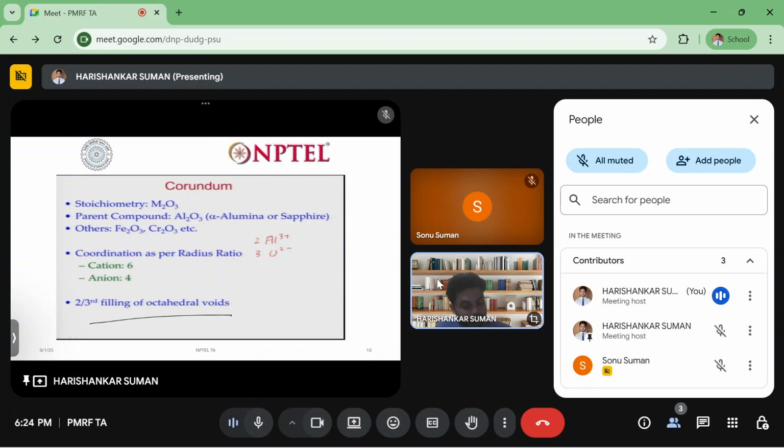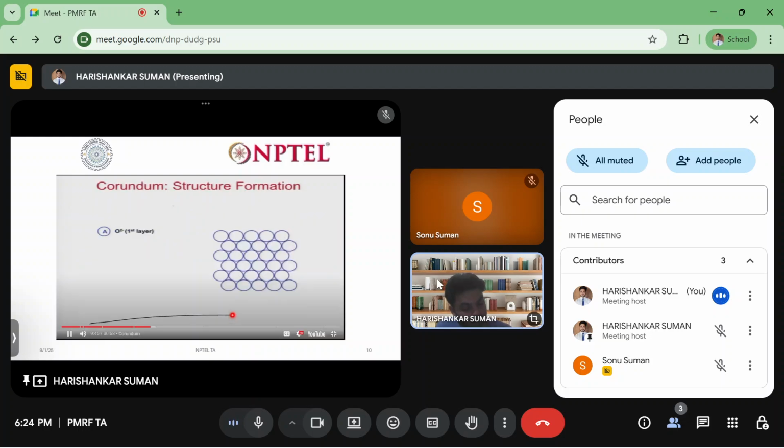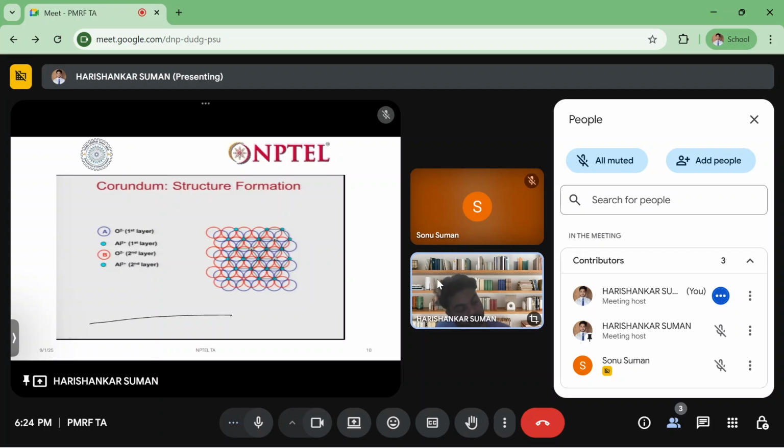Okay, let's see the structure. First layer is O2 negative, then the second is Al3 positive, third is O2 negative, second layer, then Al3 positive and third layer, and the octahedral sites are represented by crosses. The whole structure consists of 6 layers of oxygen.